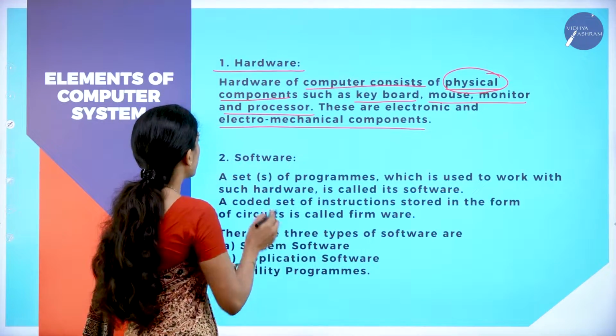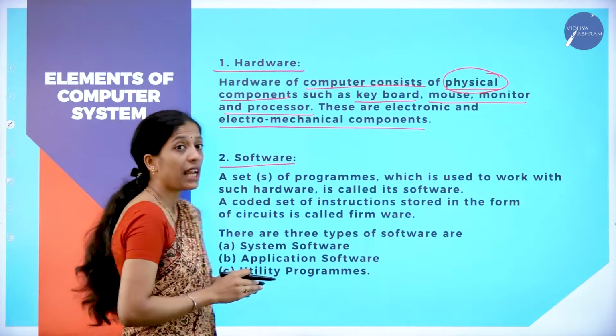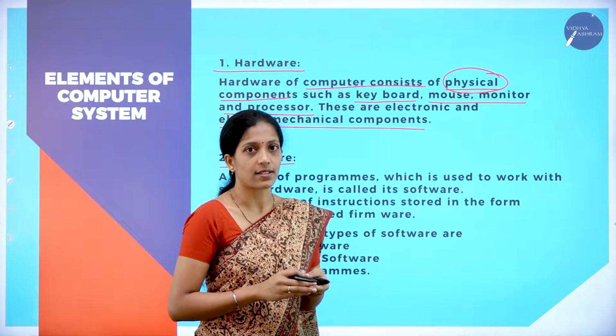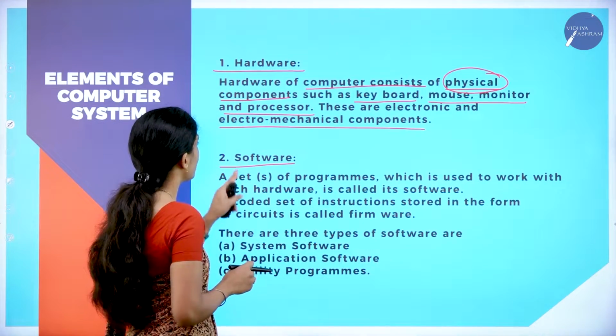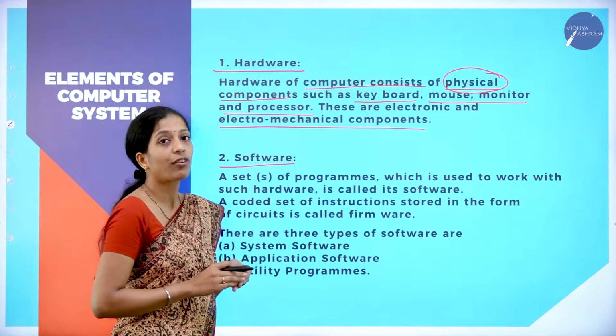Now coming to the next one, software. These are the elements of a computer system. Coming to the second one, software. Hardware has a physical existence, whereas software does not.